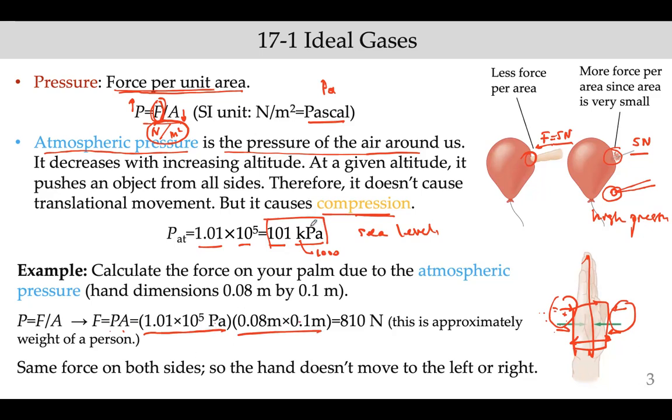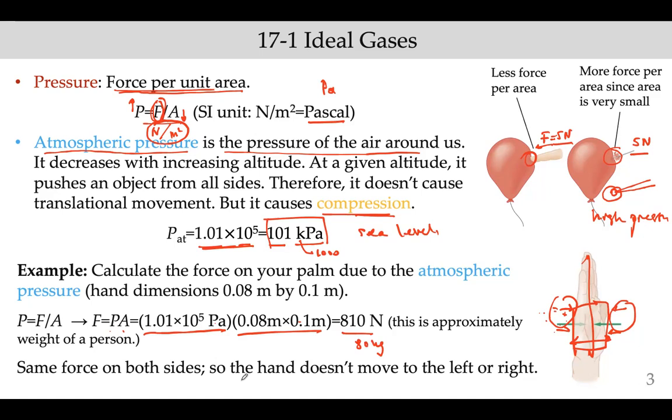By the way, when you use it in the formulas, you don't use 101 kilopascals, you have to use Pascals, because the SI unit is Pascal, not kilopascal. If you do the multiplication, you find 810 newtons. This is approximately the force that an 80 kilogram person applies on any surface. So it's pretty high.